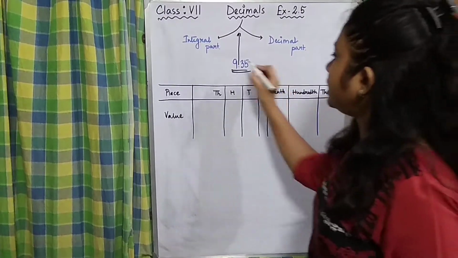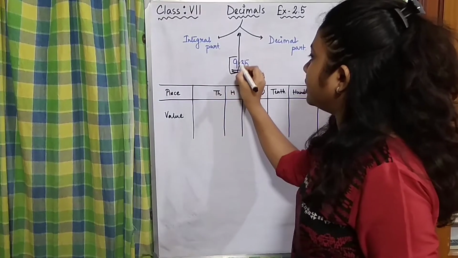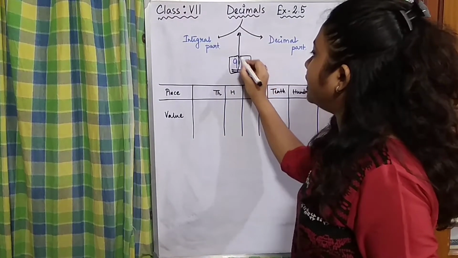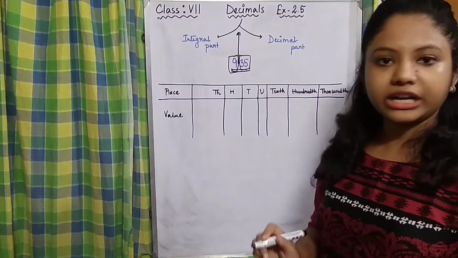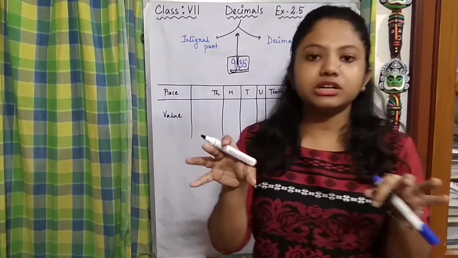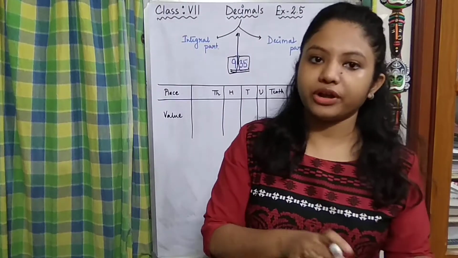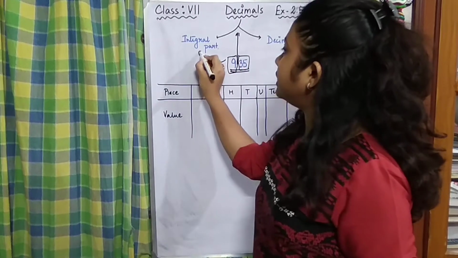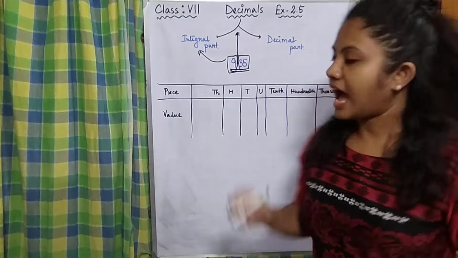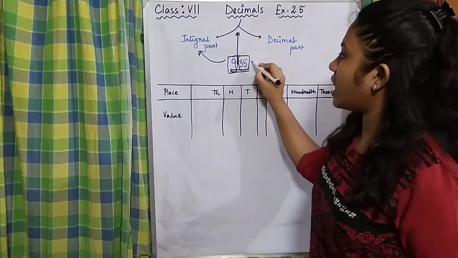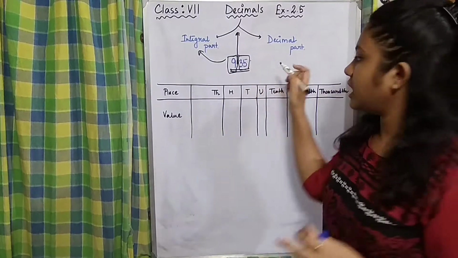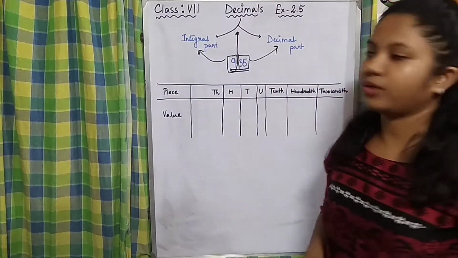These two parts are named differently. The numbers lying before the point are called the integral part, and those lying after the point are known as the decimal part.